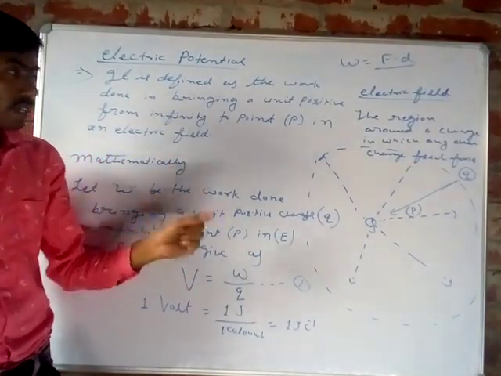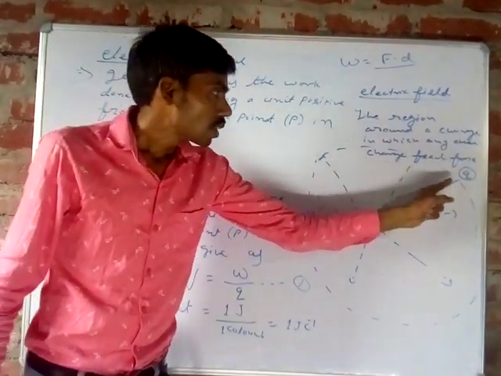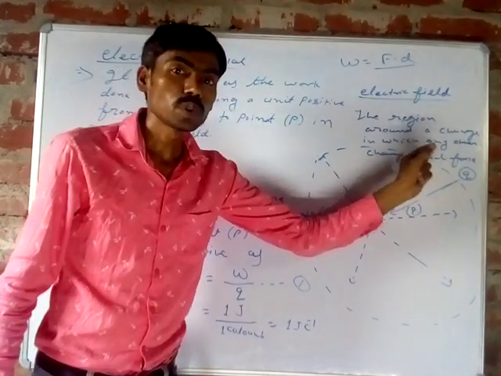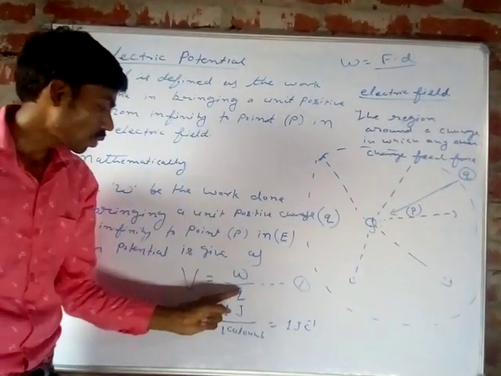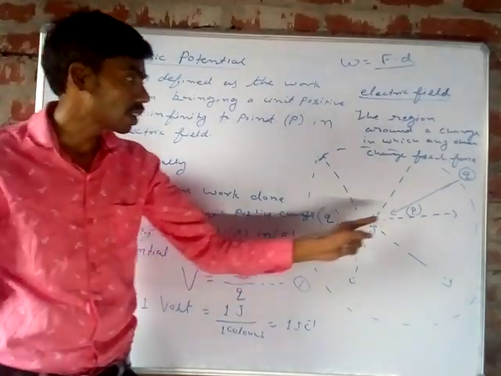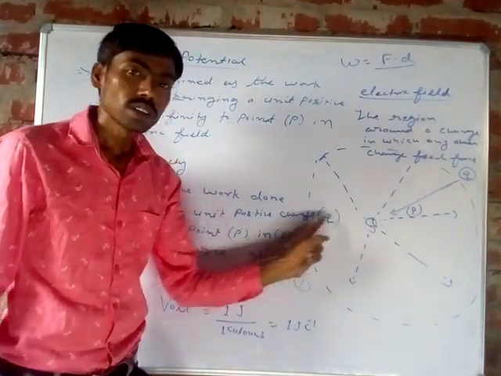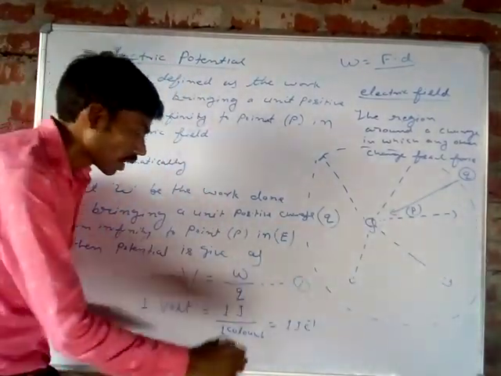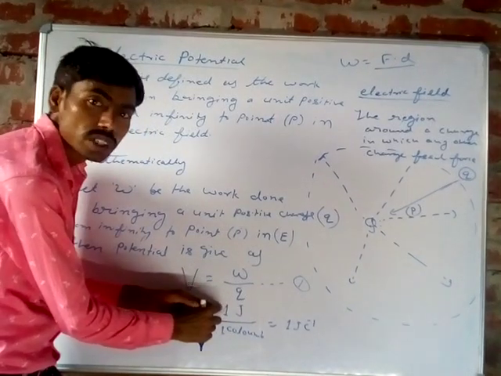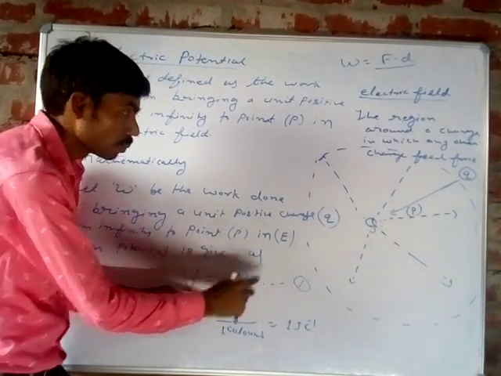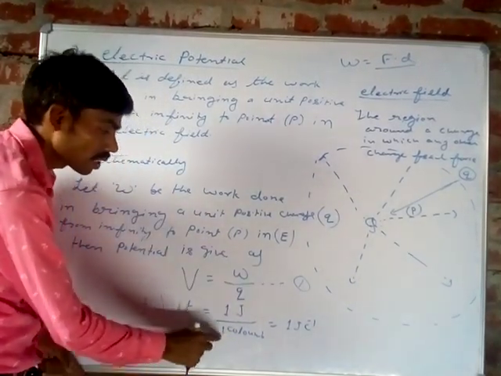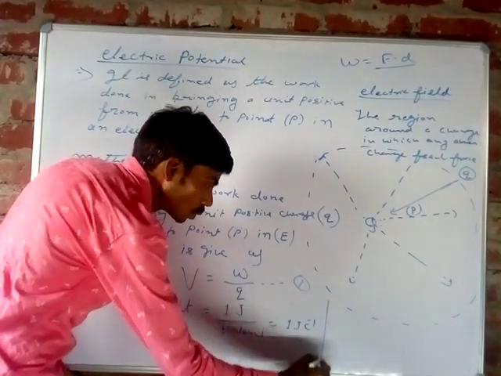Repeat again. If we need 1 joule of work done in bringing 1 coulomb, then the potential is 1 volt, and if we need 2 joules in bringing a unit positive charge, then the potential is 2 volts.